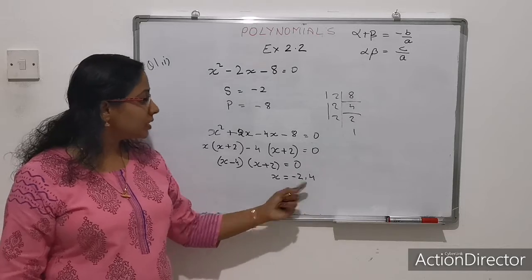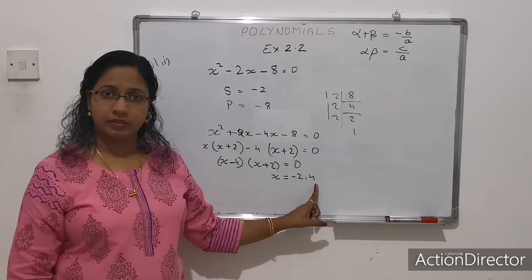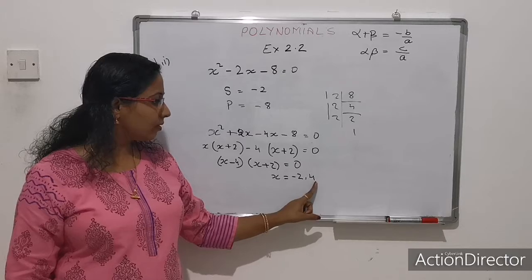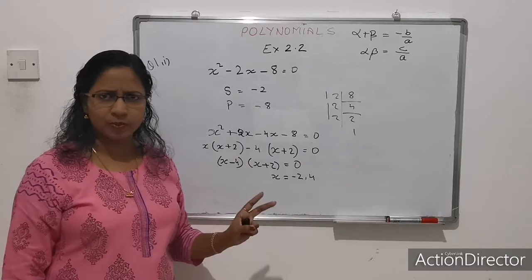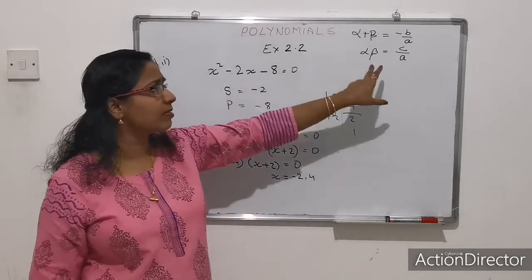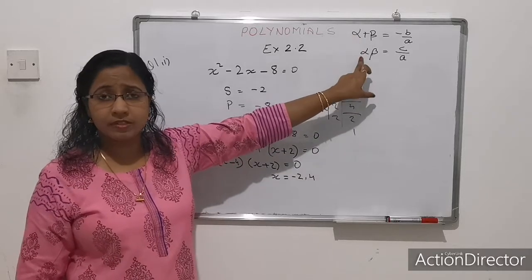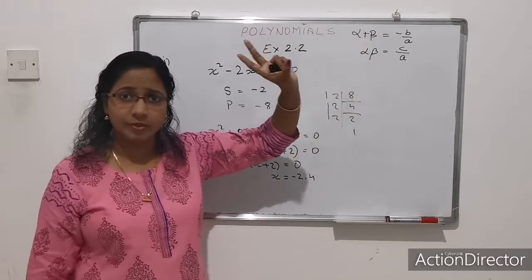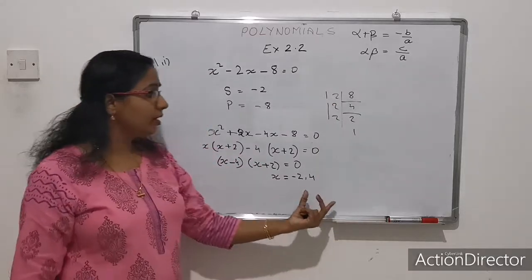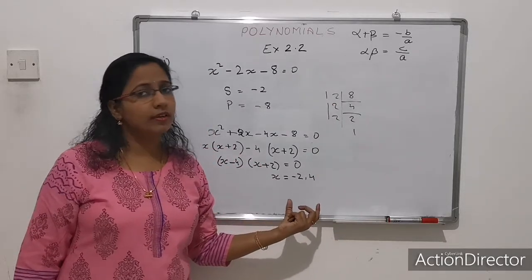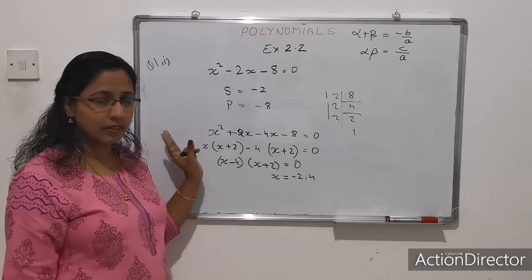Now this is alpha and this is beta. It can be this way or that way, no problem. That does not change because this is sum and this is product, and they both are commutative, right? So any of the numbers you can take as alpha and any of the numbers you can take as beta. Clear?